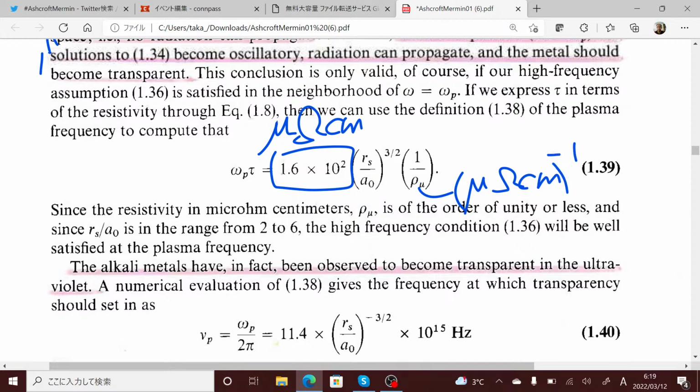Since the resistivity in micro ohm centimeter, rho mu, is of the order of unity or less, and since Rs divided by a0 is in the range 2 to 6, the high frequency condition 1.36 will be well satisfied.